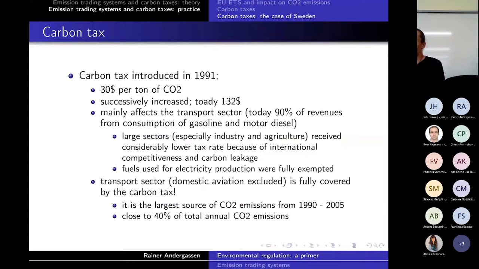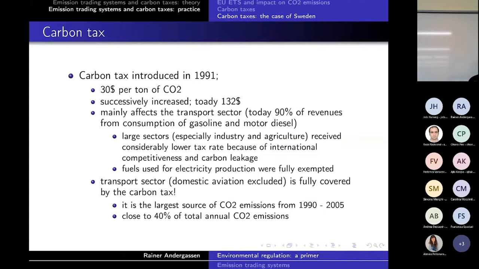And why is it the case that it mainly affects the transport sector? Because large sectors, especially industry and agriculture, received a considerably lower tax rate. The worry was that strong taxes on these industries would burden them and therefore lead to carbon leakage and reduce the competitiveness of these industries.